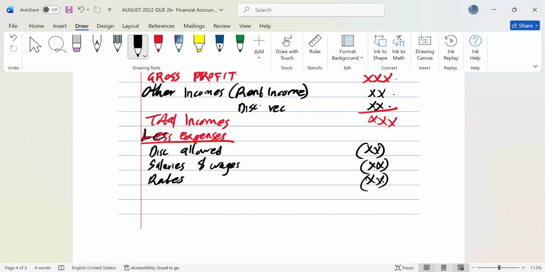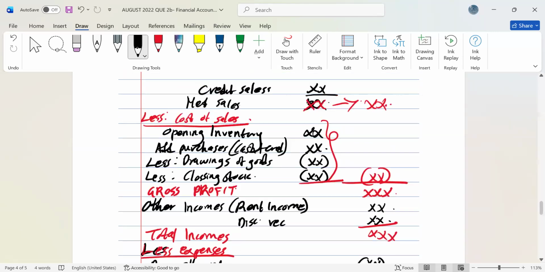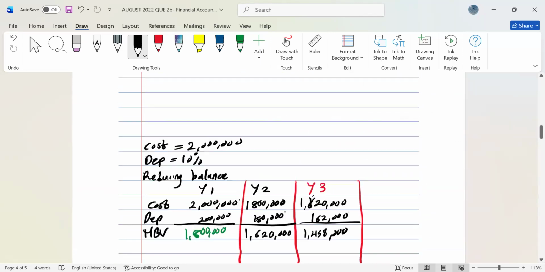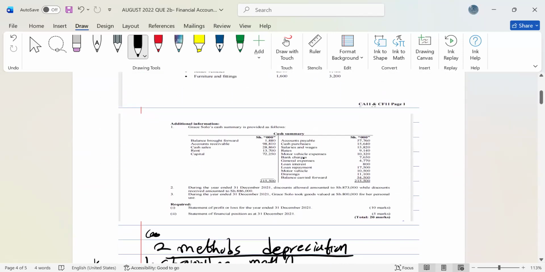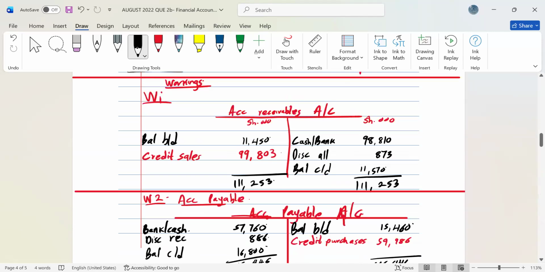Overall, it's there. Motor vehicle expense, if they purchased a motor vehicle in that particular year. Like in this case, let's see in our cash transactions, do they have anything to do with the motor vehicle? Yes. There in the cash book, cash summary, there is where they sold, and there is where they purchased, 10,320.